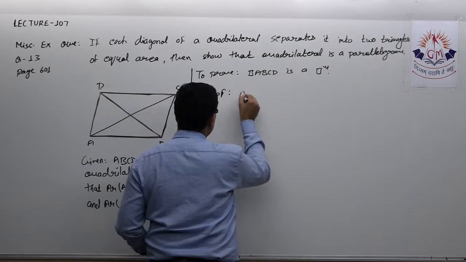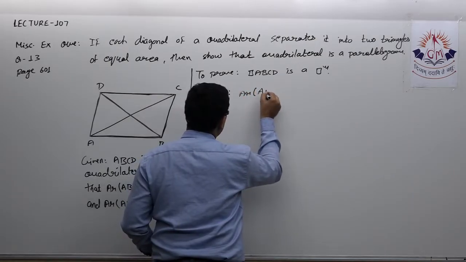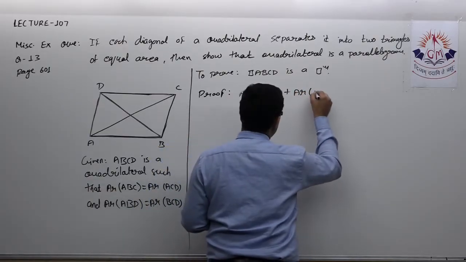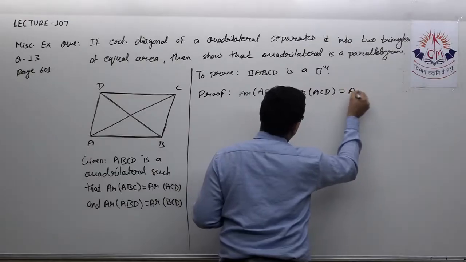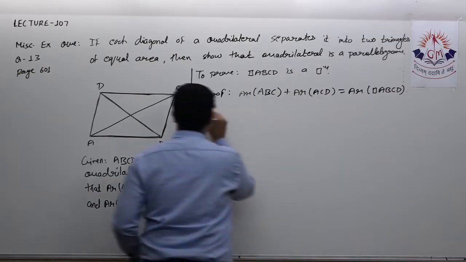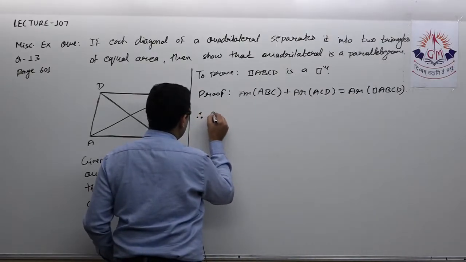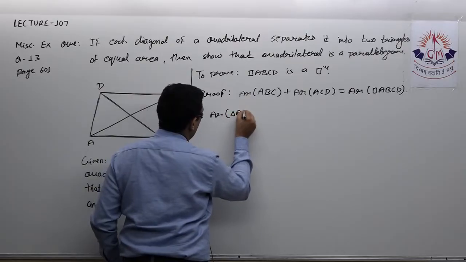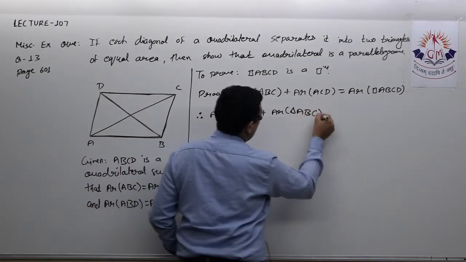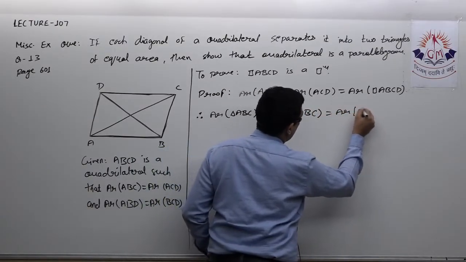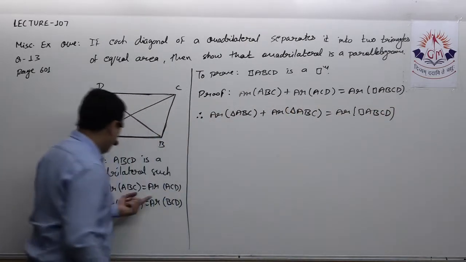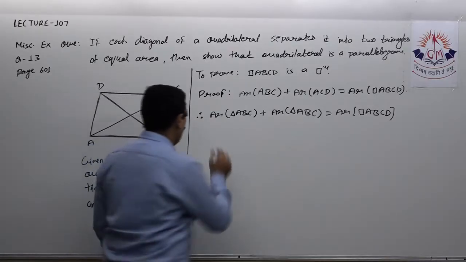Area of triangle ABC plus area of triangle ACD is equal to area of quadrilateral ABCD. Therefore I can write area of triangle ABC plus area of triangle ABC is equal to area of quadrilateral ABCD, because ACD and ABC are equal in area, it is given.